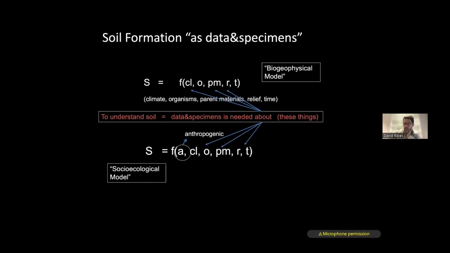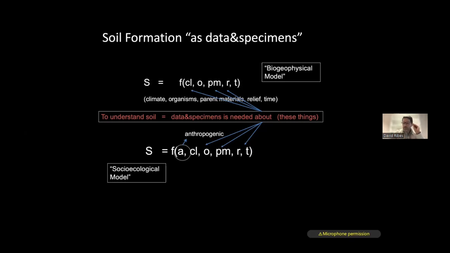They didn't stop collecting dirt or samples of water or samples of organisms or taking temperature measurements. They still kept doing that, but they also started adding other things, which they call anthropogenic, things like attitudes towards environment, things like practices of fertilizing the soil.